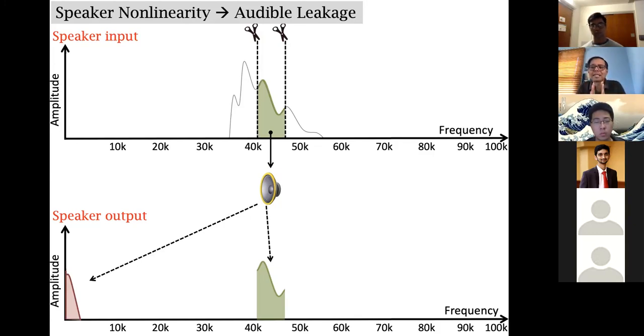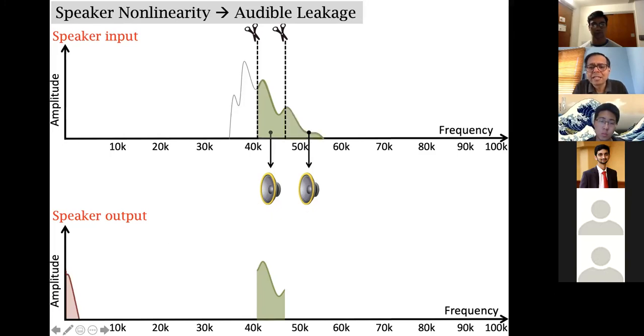So I should get a slice of the Green Mountain at the output of the speaker and the same slice at the audible range, the red one. But now suppose I take another slice and I send it over another speaker. What should happen? The Green Mountain coming from the second speaker should concatenate with the green slice of the first speaker, right?